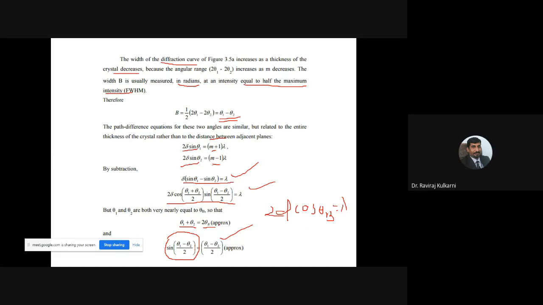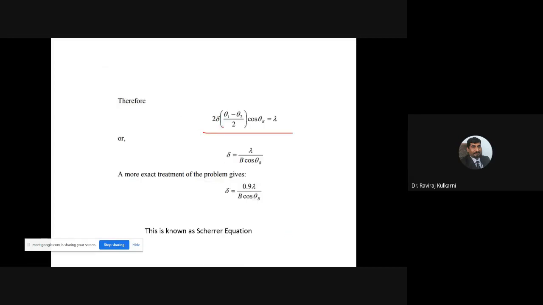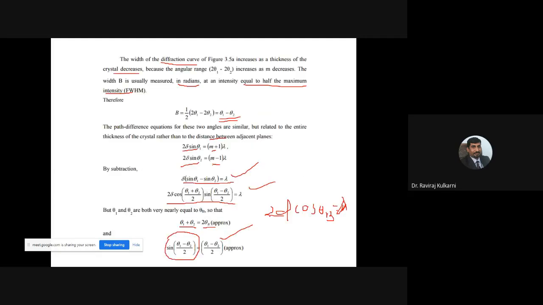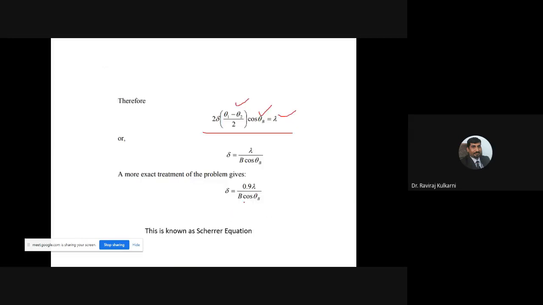Sorry, I have to write not lambda but (theta 1 minus theta 2) by 2 here, because this is the approximation I am taking. I had to substitute that sin theta value also, so I had forgotten that. Just substitute this here. So what do you get? 2d cos theta B into this is lambda.